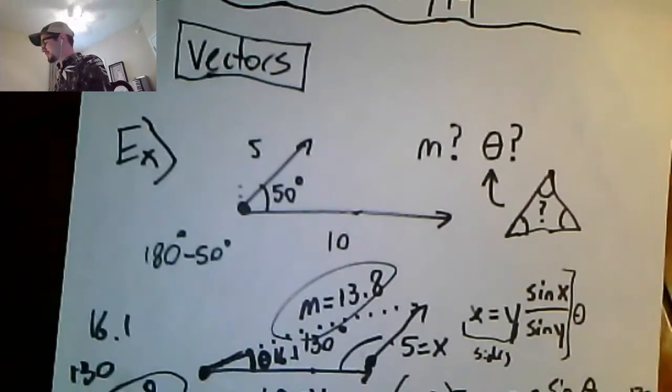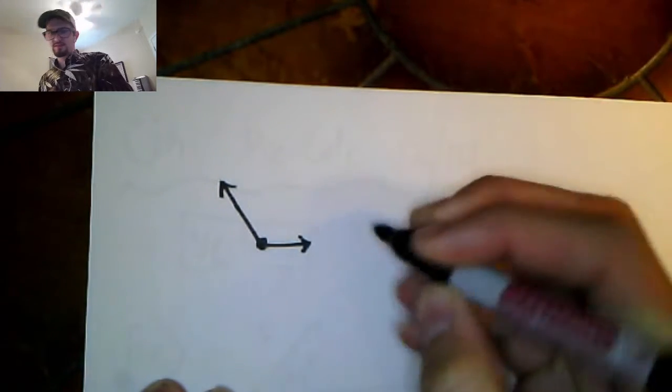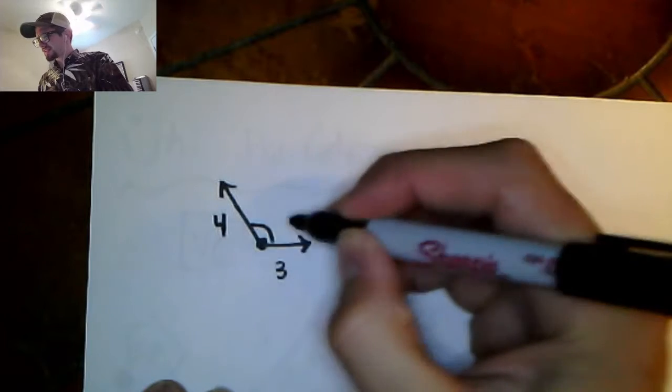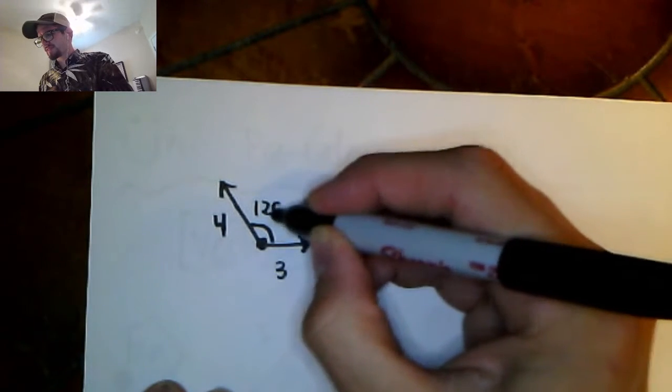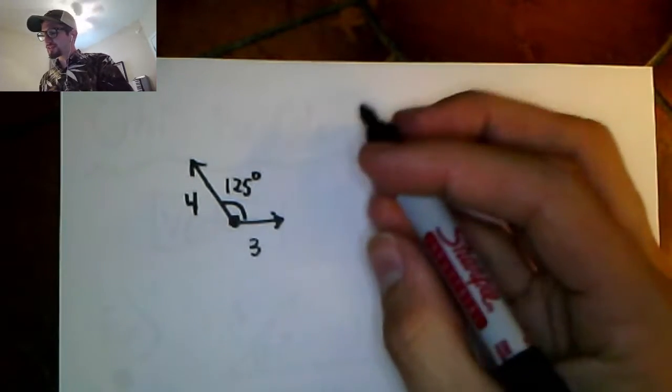So let's do another one. Let's say you have this and this. Let's say this guy is 3, this guy is 4, and this looks like about 125 degrees. First I'm going to redraw the triangle.